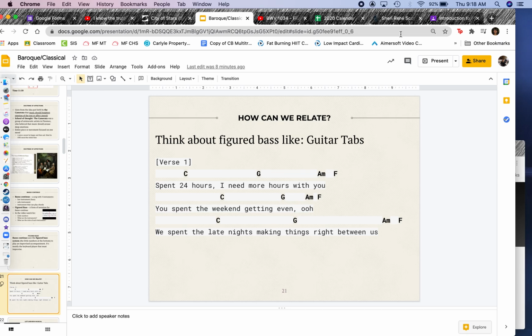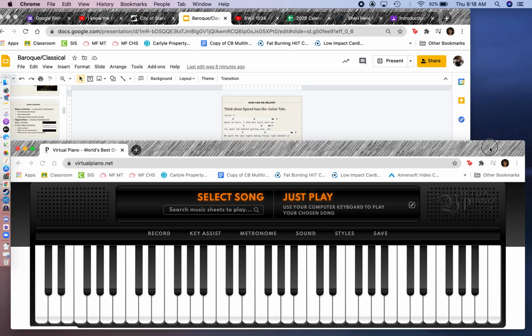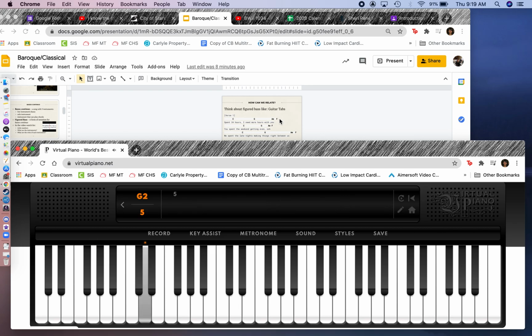There it is. If I make this smaller, then we'll be able to see both. So we have a C chord, a G chord, an A minor, and an F. And I know, even though there's not notes printed, what those things mean because I know how to read tabs. So it's similar to figured bass. I just need to figure out the right keys.